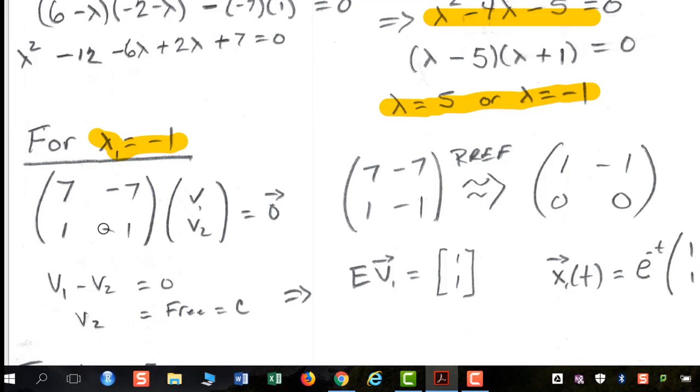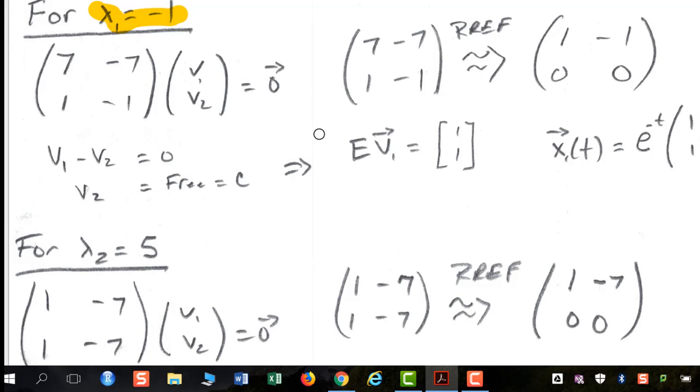A minus lambda I with lambda equal to negative 1, times the eigenvector v1, v2, is equal to the 0 vector. I put the matrix in reduced row echelon form, and I get 1, negative 1, and that really stands for v1 minus v2 equals 0.